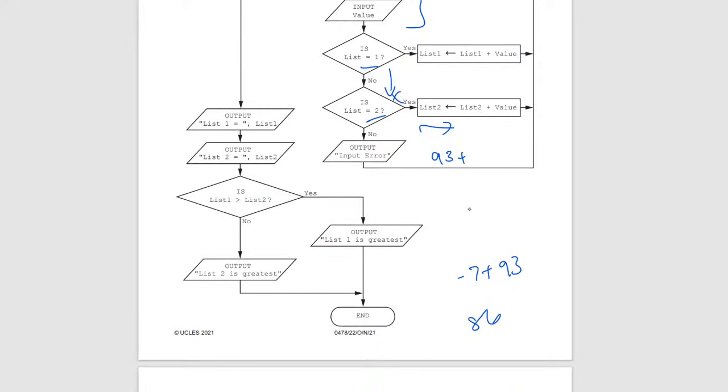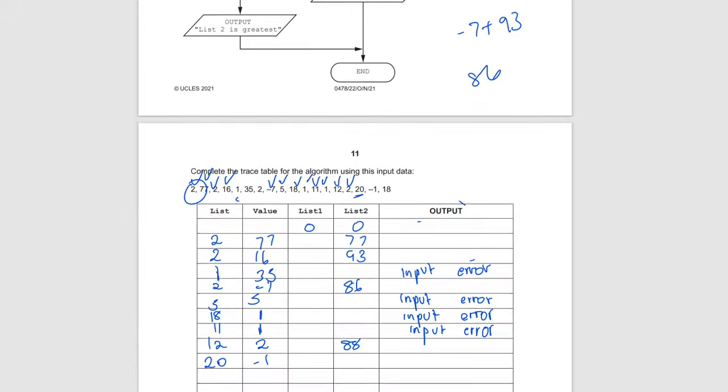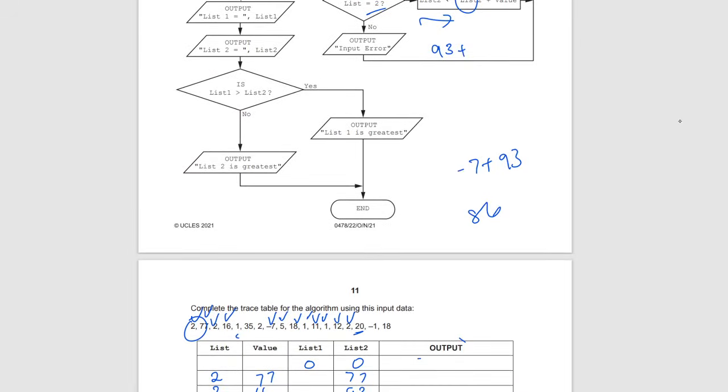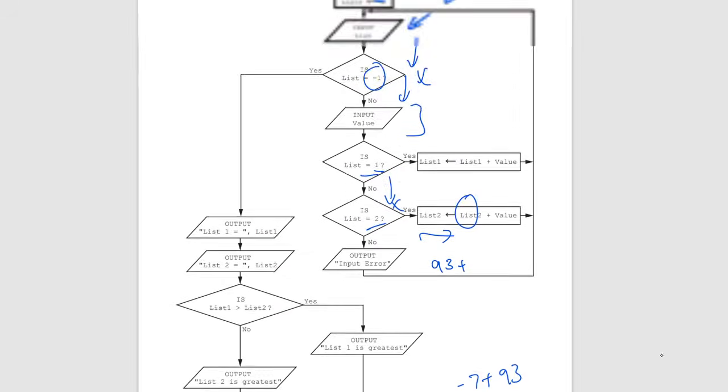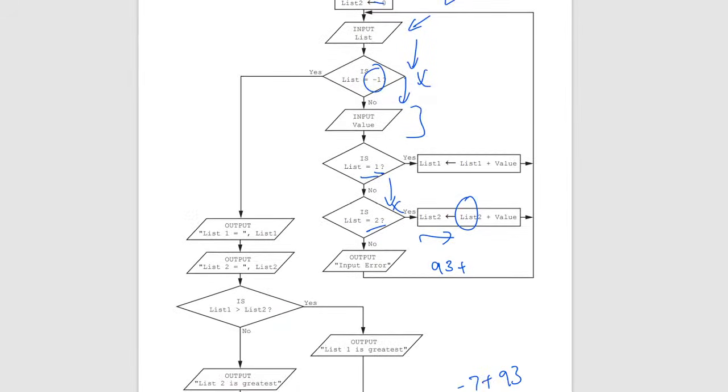Okay, so list 2 will be what? Is it 1 or it's not? Okay. Once when list is -1, we have to output list 1 is list 1.